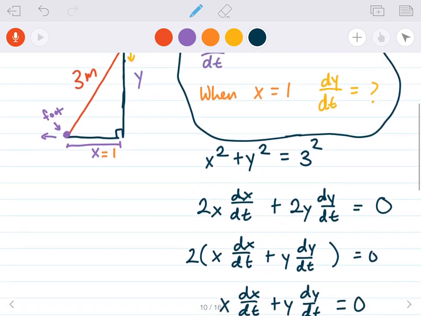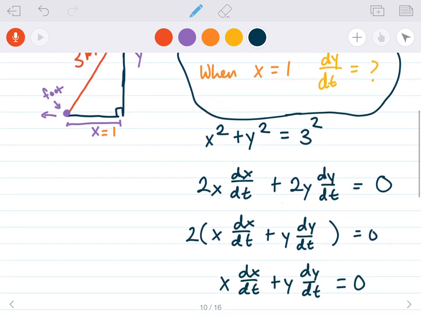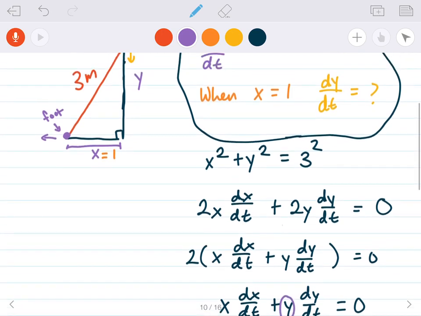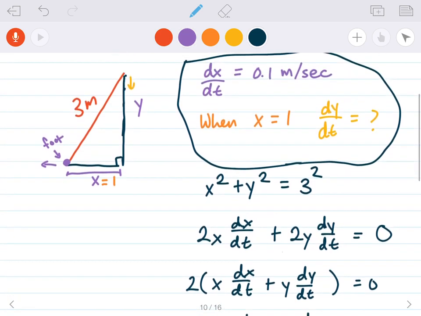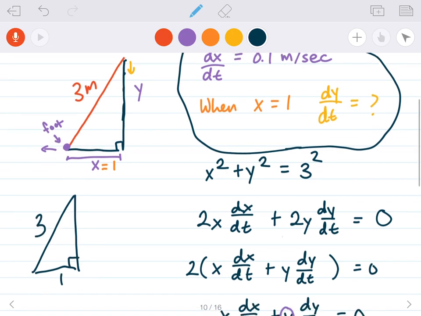Okay, so I have x, I have dx/dt. All I really need here to be able to solve it is y. So what is y? Well, we need to use the Pythagorean theorem, right? We have our triangle. We're interested in what's happening when x is 1 and our hypotenuse is 3.